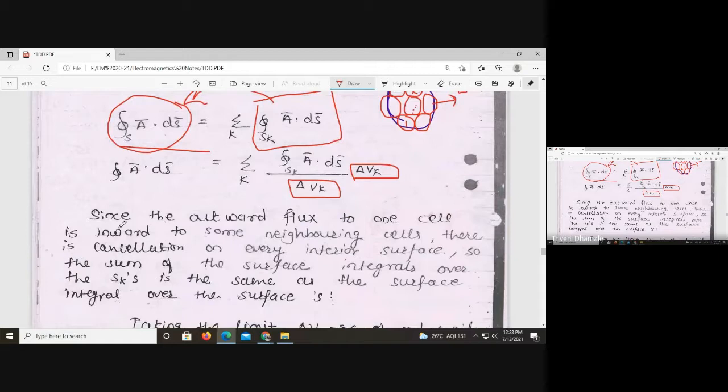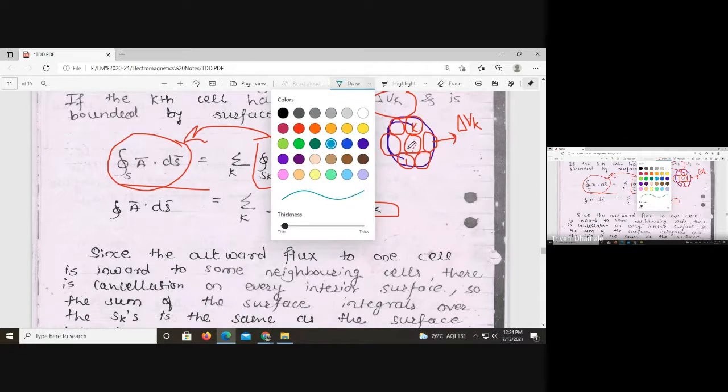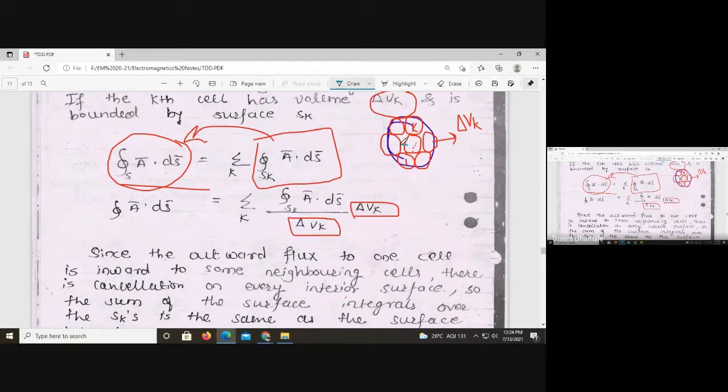Okay. Now, since the outward flux of one cell is inward to the neighboring cell, obviously, suppose यहाँ पे I'm going to draw this flux. Flux coming out from this center cell, right? This is the outward flux.